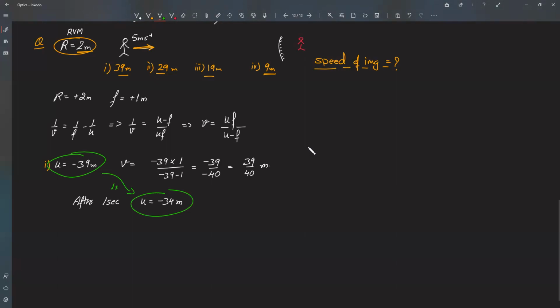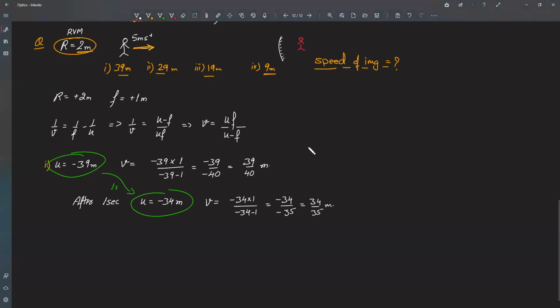It will move by 5 meters. Now at this position, if I have to find the position of the image, I'll just use this formula: u, that is minus 34, into 1, divided by minus 34 minus 1, that is nothing but minus 34 divided by minus 35, which is 34 divided by 35 meters.